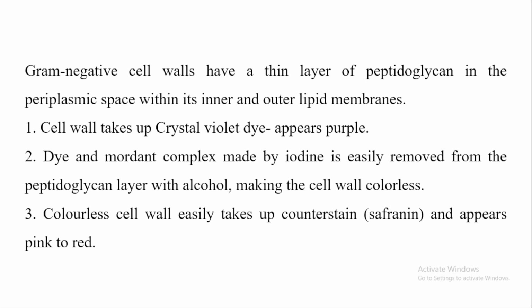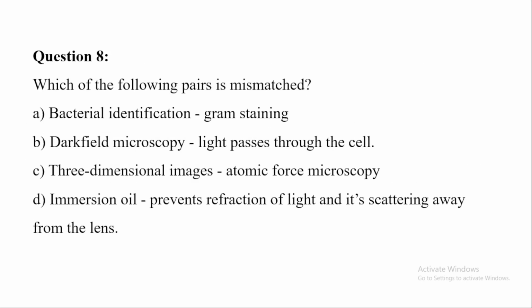So, moving to the next question, question number 8. Which of the following pairs is mismatched? Option A, bacterial identification, which is matched with gram staining. Option B, dark field microscope and light passes through the cell.